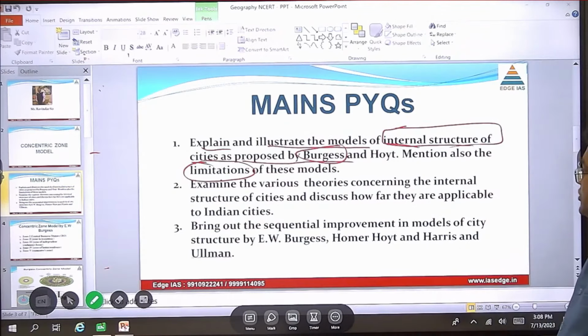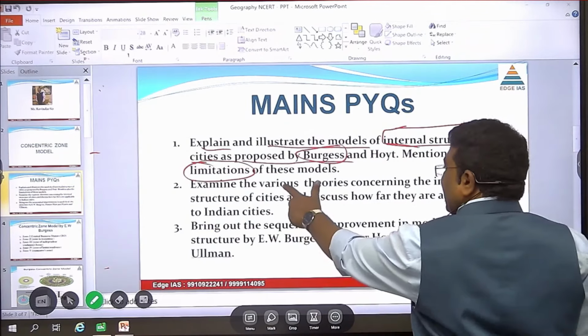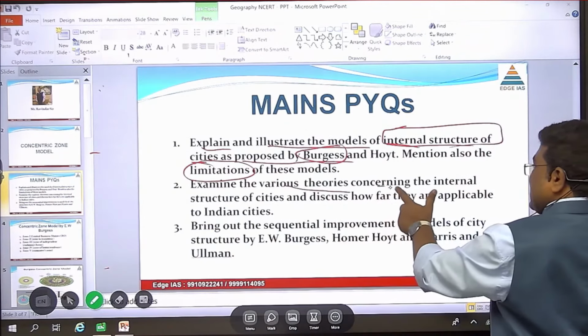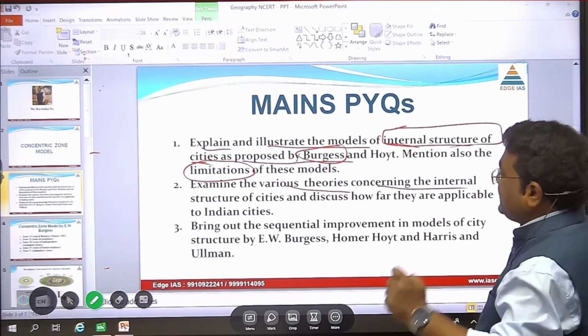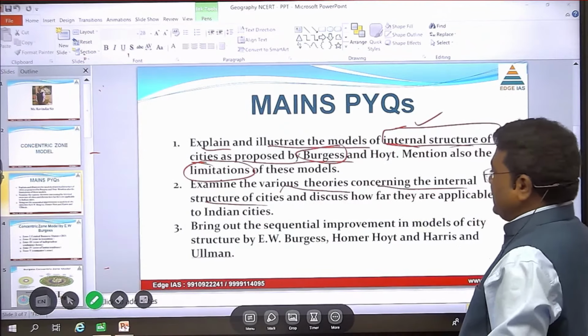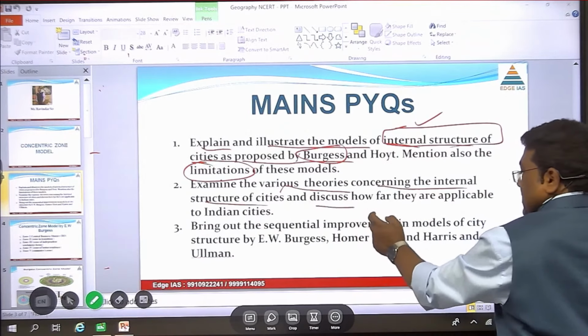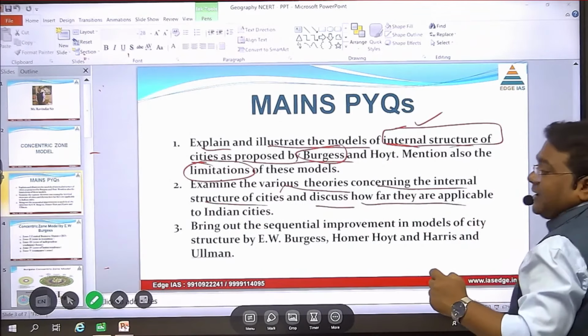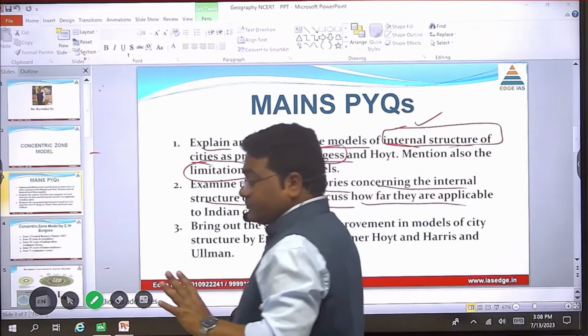The second question: examine the various theories concerning the internal structure of cities, and discuss how far they are applicable to Indian cities.